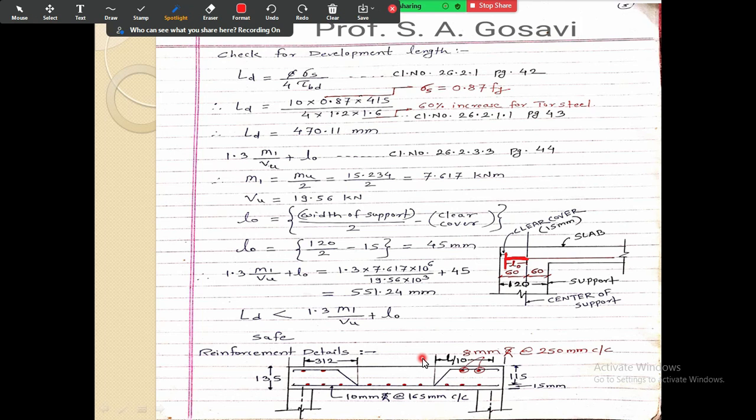This is a small revision for all of you. Before coming to the next lecture, the next slabs, you do it on your own at home.